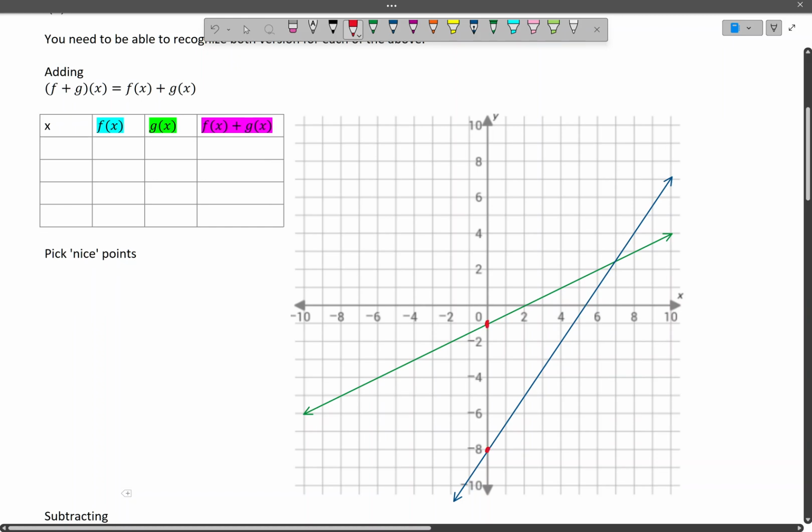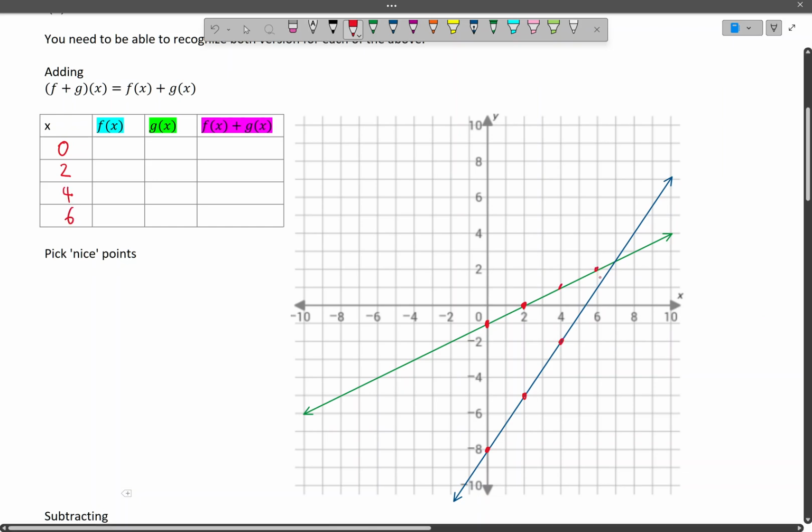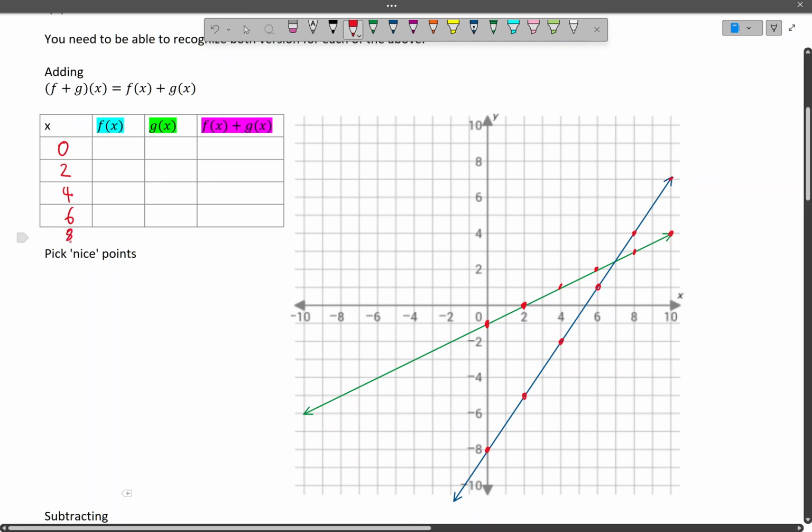That looks like a nice one. So I'm going to call that x equals 0. Yeah, 2, 4, 6. I'm going to pick those ones there. So you can hopefully see those different points. We could certainly go to 8. We could go all the way to 10 for sure as well if we wanted to. But there you have it.